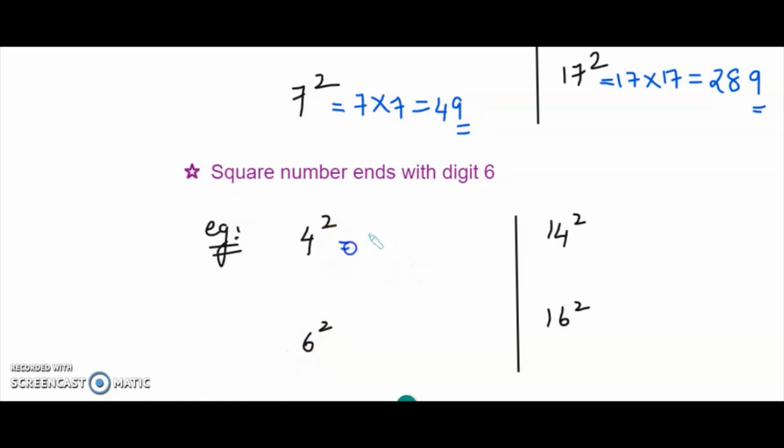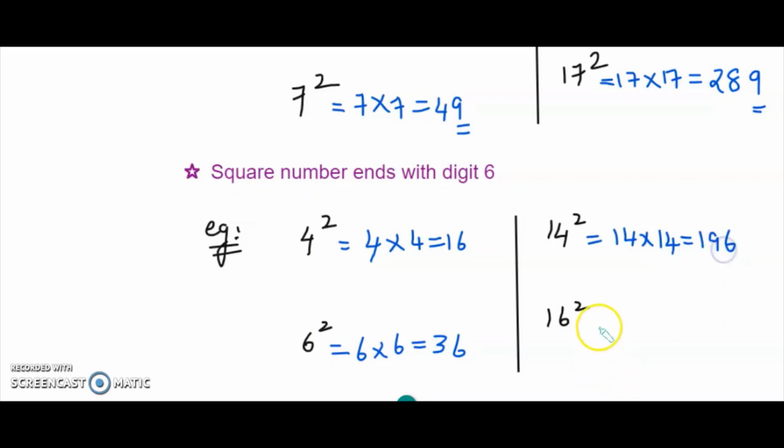Okay, so here it will be 4 times 4 is equal to 16. 6 times 6 is equal to 36. 14 times 14 is equal to 196. 16 times 16 is equal to 256. So can you see the last digit of the perfect square is 6? So what is the rule? If the units place of the number that you selected is 4 or 6, then the perfect square will always end with digit 6. Okay?